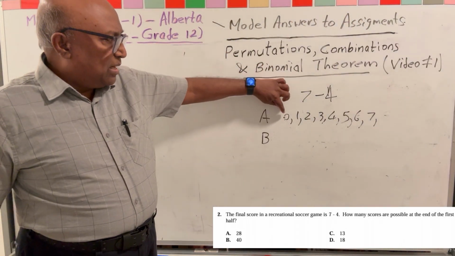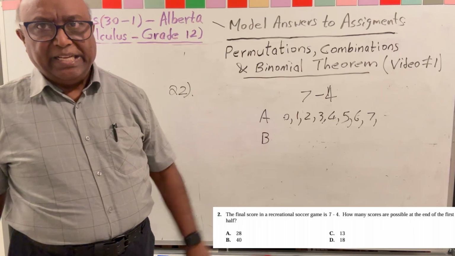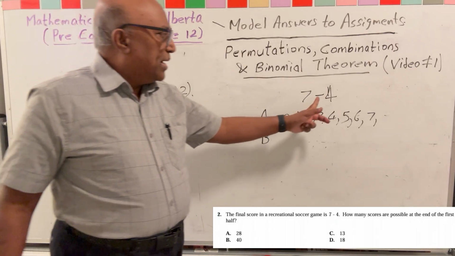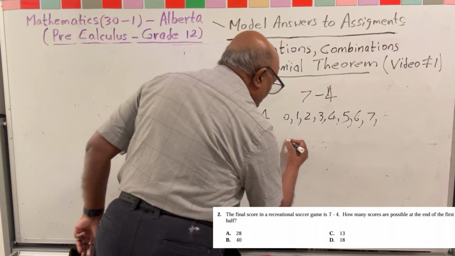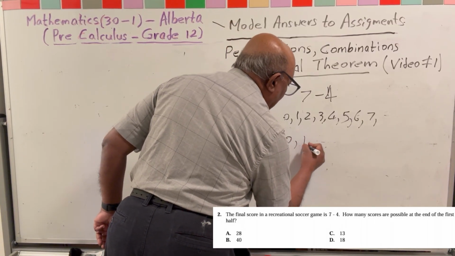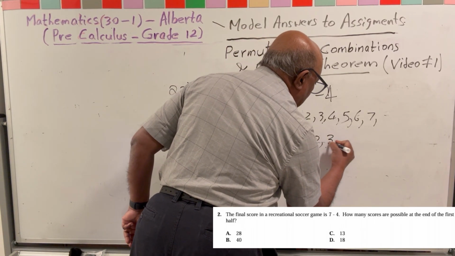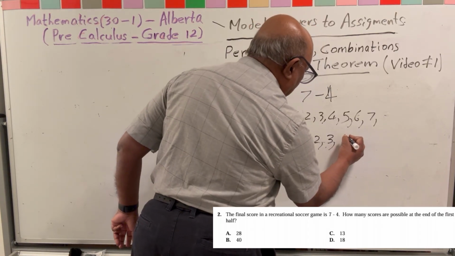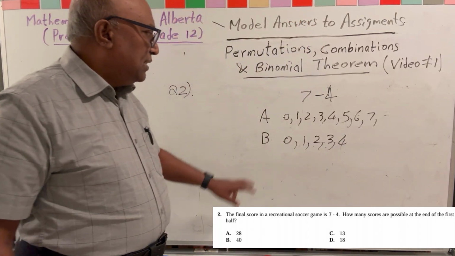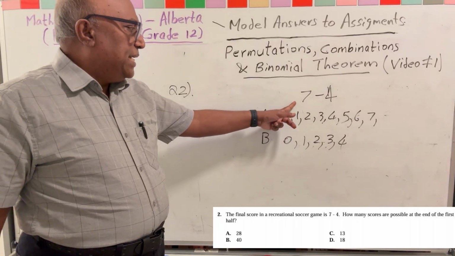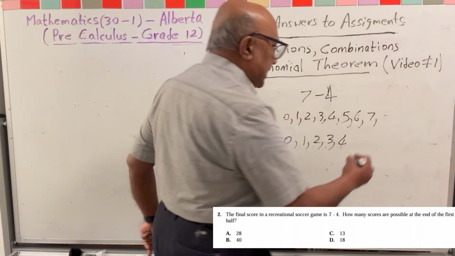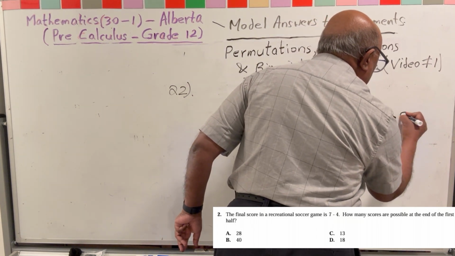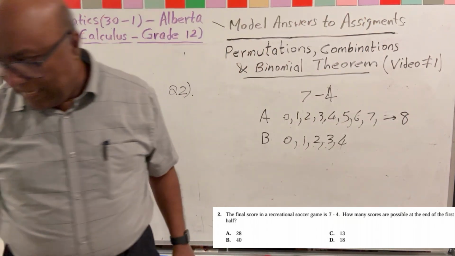These are the possible scores for team A. Also, the possible scores for team B are 0, 1, 2, 3, 4. If we count including 0, A has 8 options.